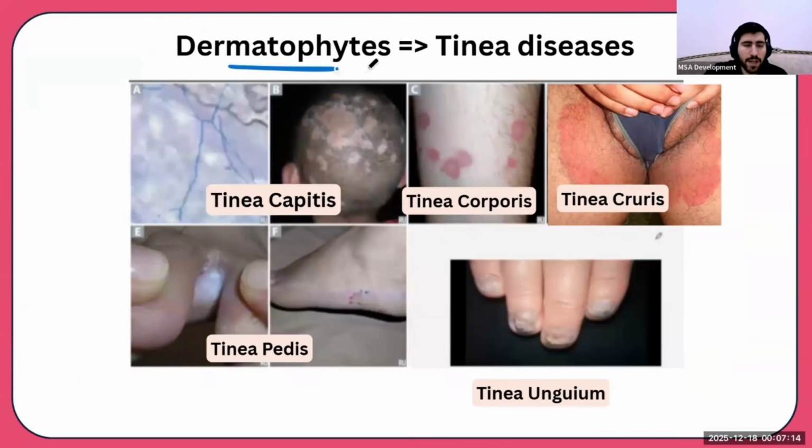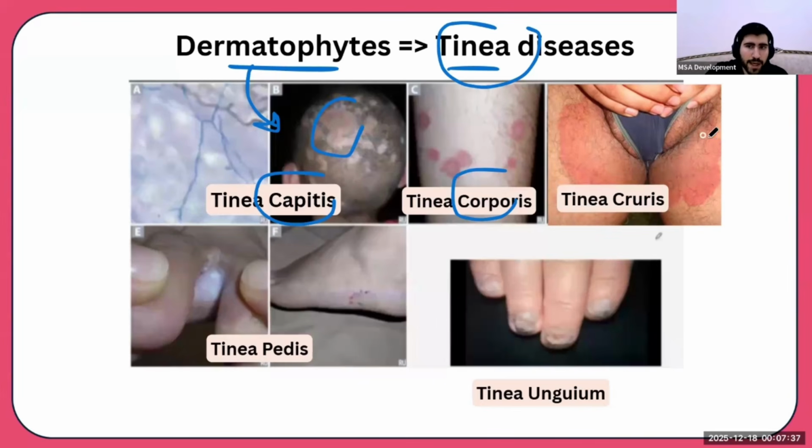Now we have dermatophytes, which are fungi, okay? These fungi don't live, but grow on our skin, okay? They cause tinea disease. So if we have dermatophyte that grows in our skin that causes erythema, that's tinea disease. And it depends on the place. If it's on the head, it's tinea capitis. If it's in the body, arms, legs, abdomen, tinea corporis.